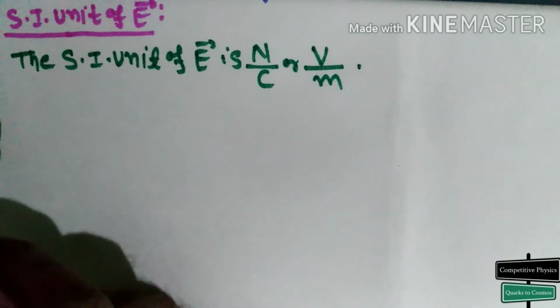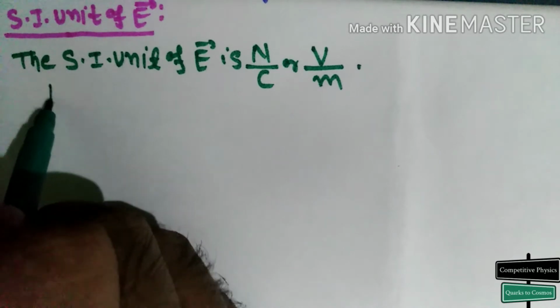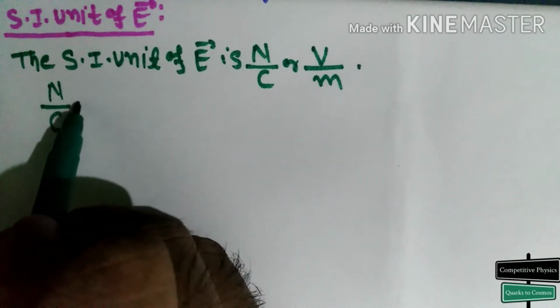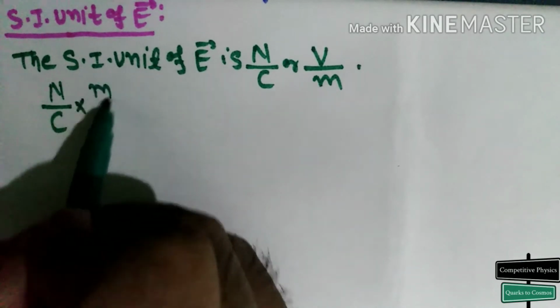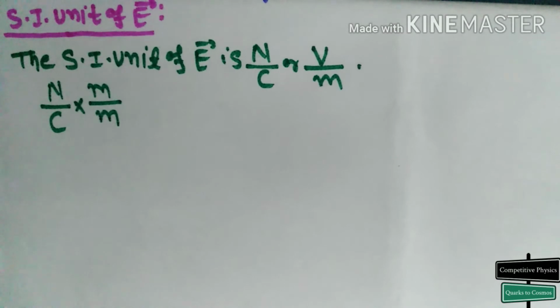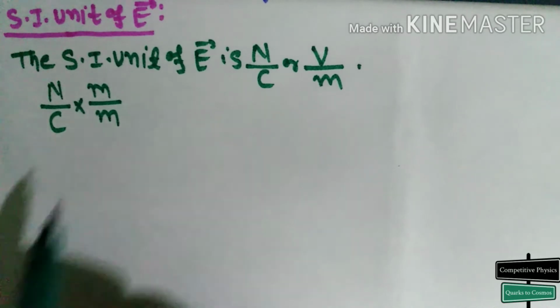So let us see how Newton per Coulomb can be written as volt per meter. So this is Newton per Coulomb. What you have to do is just multiply and divide by meter. You can multiply and divide as it will not affect the quantity Newton per Coulomb.